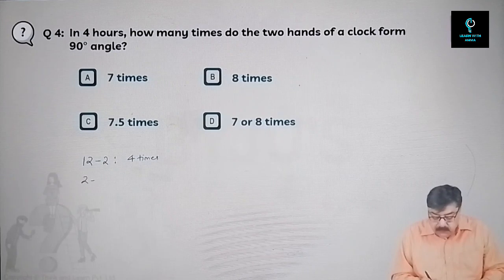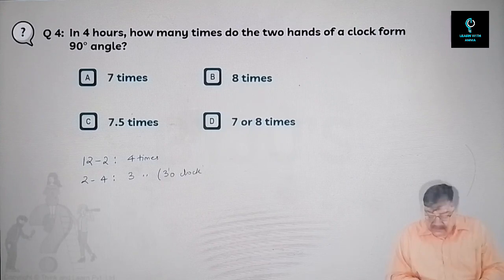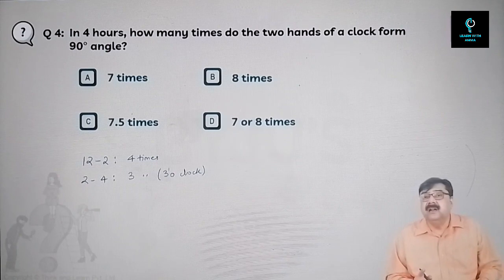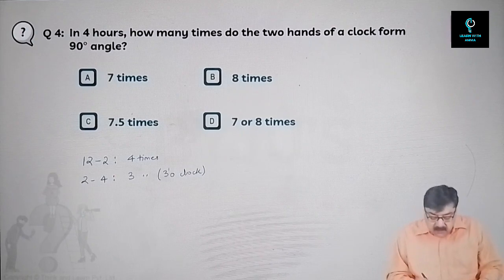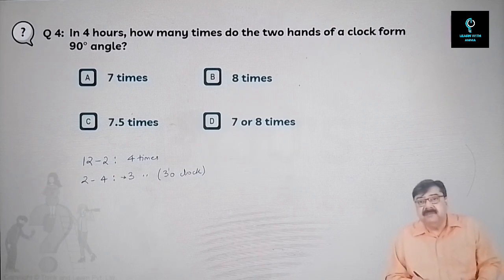From 2 to 4, it is formed 3 times because of an integer value that will occur here, that is 3 o'clock. So once 90 degrees angle is formed between 2 and 3, second time it is formed at exactly 3 o'clock, and third time it is formed between 3 and 4. That is the reason why here the number of times that 90 degrees angle is formed got reduced to 3 times rather than 4 times.